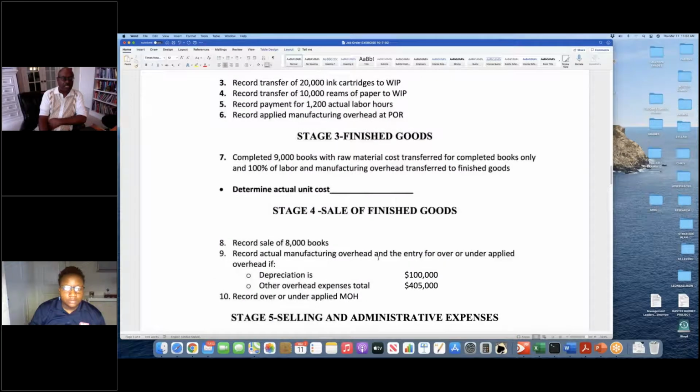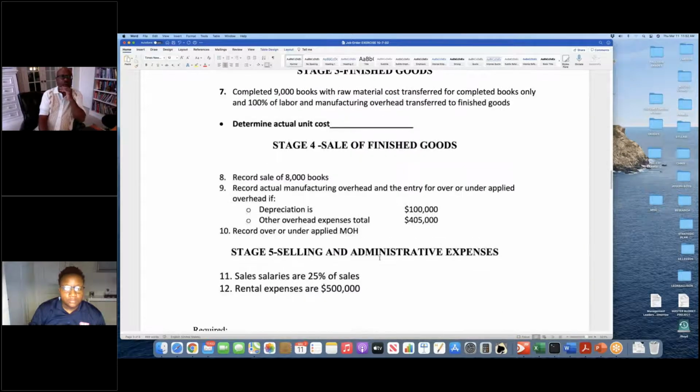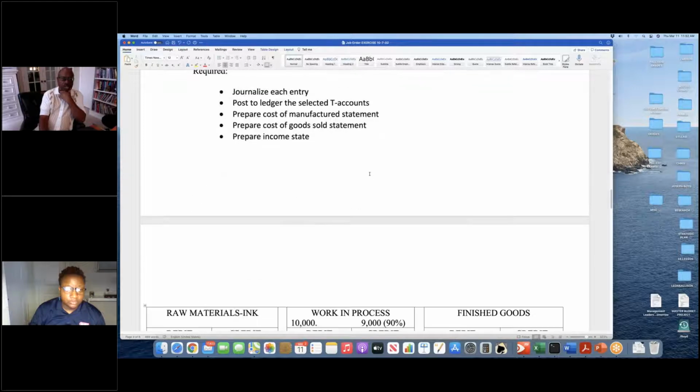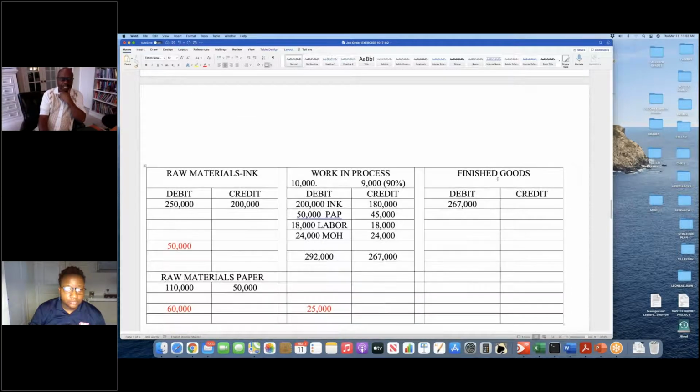Okay. Now we're in stage 4, selling. Wait, before we moved on, we got to find the actual unit cost. So let's find the actual unit cost. We're over here in finished goods. How many finished goods do we have?